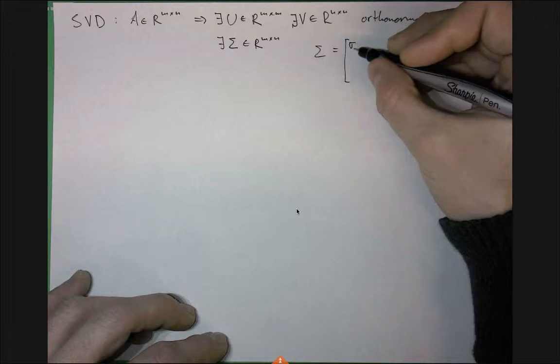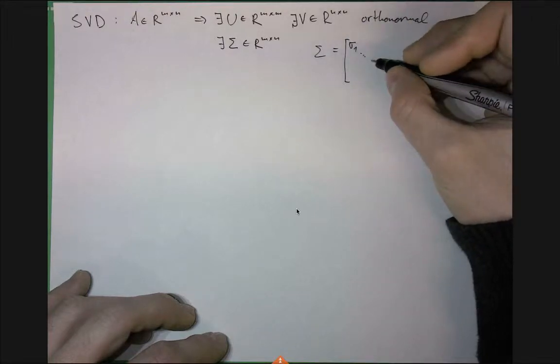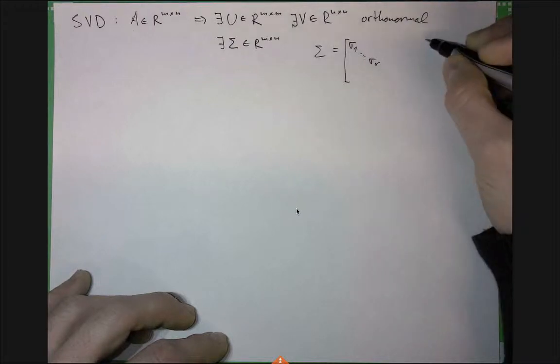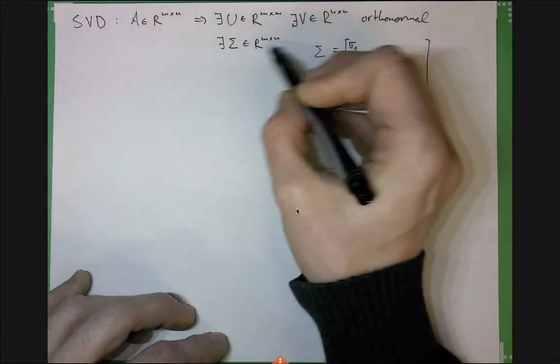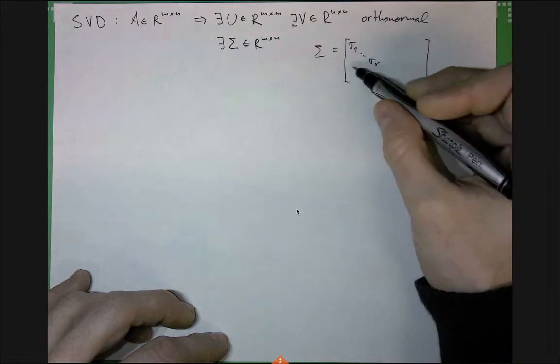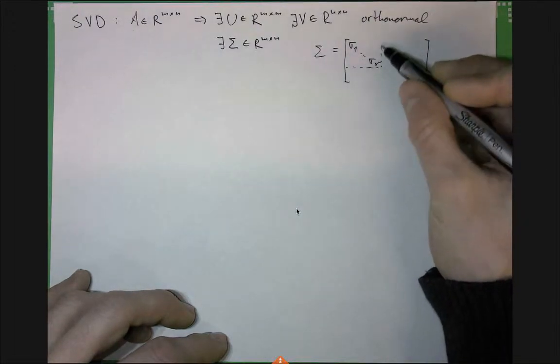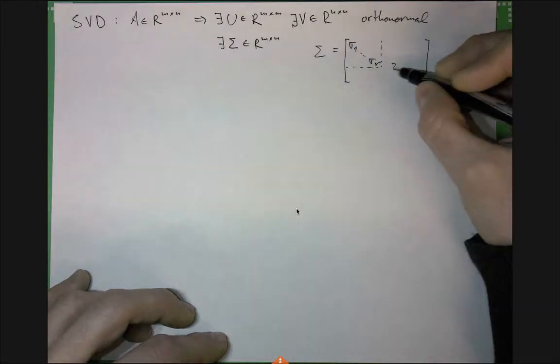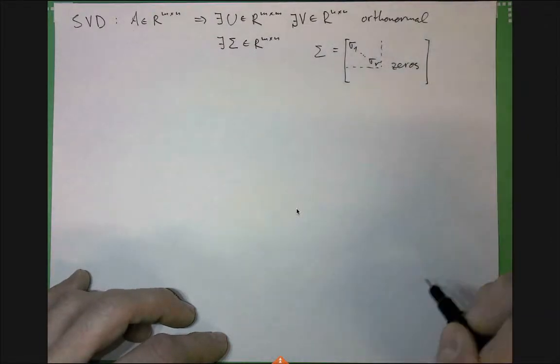There is sigma 1. It's sort of like diagonal, but the diagonal analog in a rectangular matrix. So it's m by n, so it's rectangular, but the non-zeros are confined to this little square, and they are just on the diagonal. Everywhere else are zeros.